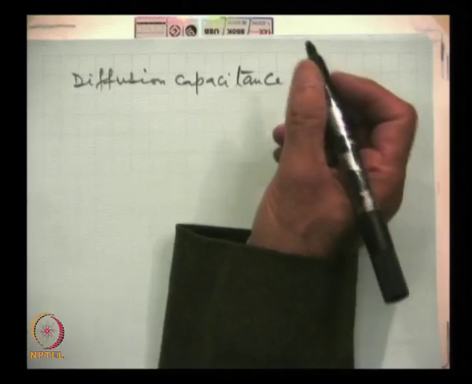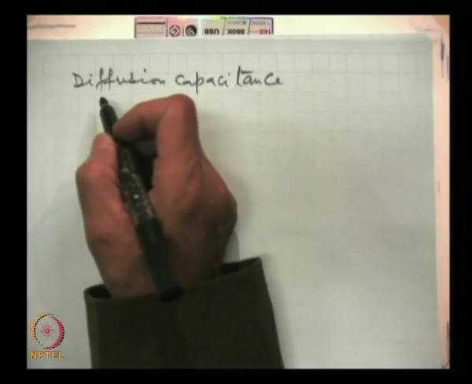We now understand that when the diode is forward biased, a lot of majority charge carriers, that is holes from the p side, are injected to the n side, and from the n region the electrons are injected into the p side.